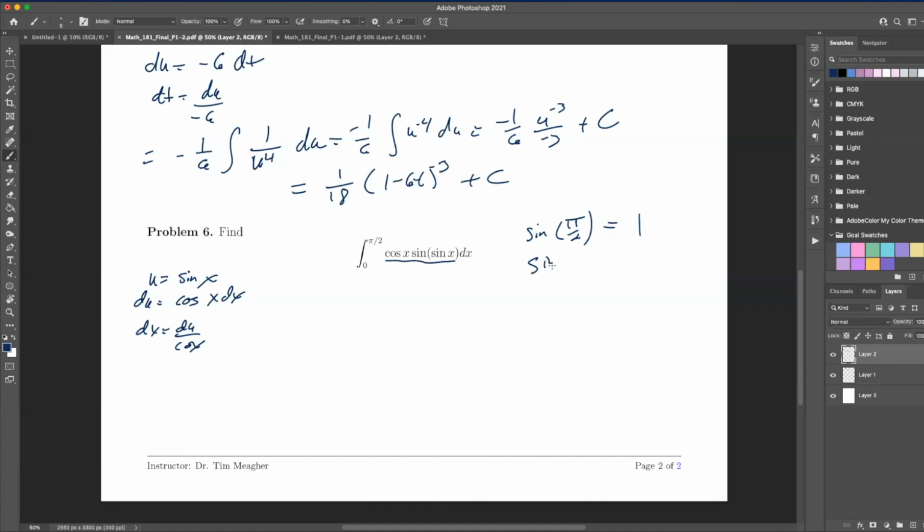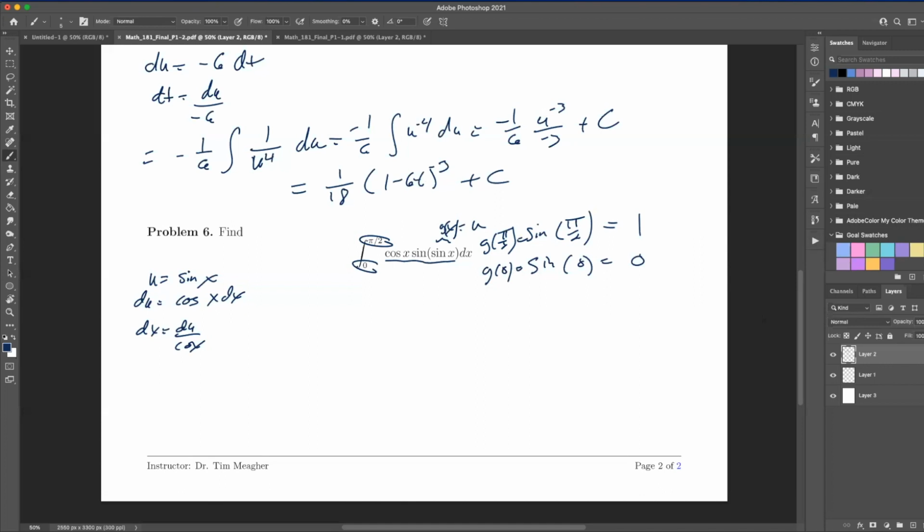And sine of 0 is, of course, 0. So remember, if I let this be my g of x, I need to figure out what g of the upper value is and g of the lower value is, okay? Where g of x is equal to u. So here I need to find g of pi over 2 and g of 0. At least that's how your book writes it.